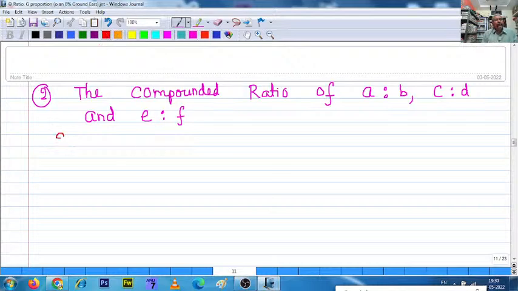So now, A is to B we can write A by B. C is to D we can write C by D. E is to F, we can write E by F. Just multiply. So what do we get?